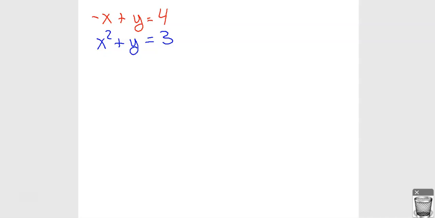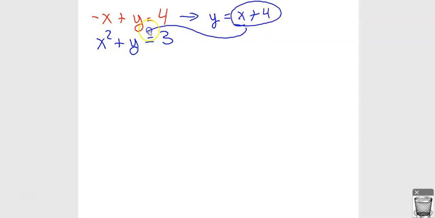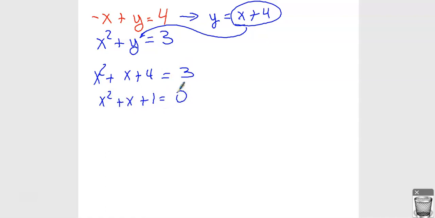If I solve for y, it doesn't make a difference, so y equals x plus 4. And I'm going to substitute that in. So that's x squared plus x plus 4 equals 3, or x squared plus x plus 1. And it doesn't factor.